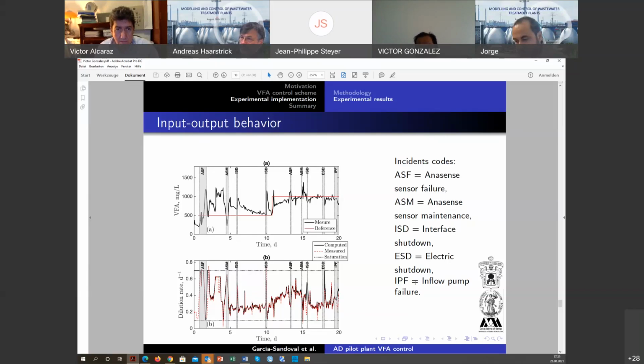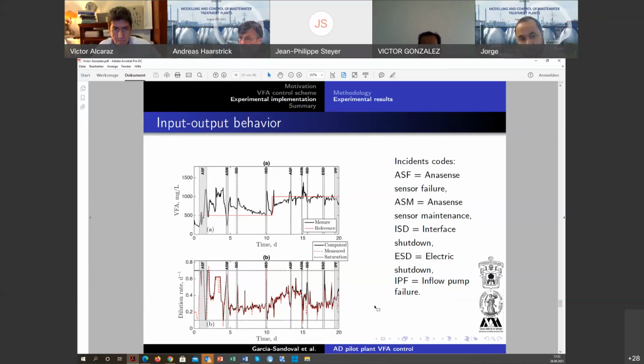That means that we will run the experiment even in the face of sensor failures or dramatic changes like no power, no electricity. Okay.